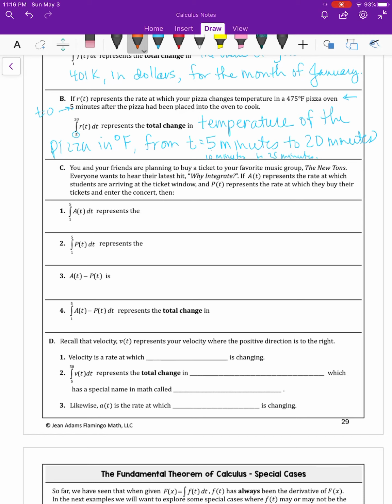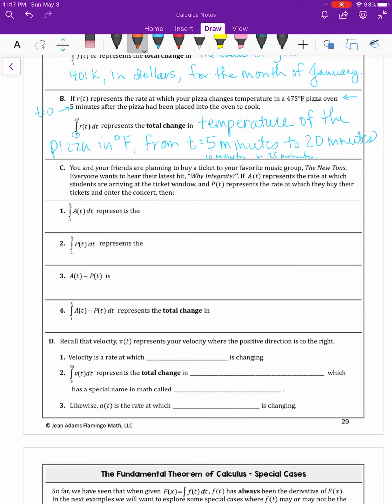You and your friends are planning to buy a ticket to your favorite music group, the Newtons. Everyone wants to hear their latest hit. Why integrate? If A of t represents the rate at which students are arriving at the ticket window, and P of t represents the rate at which they buy their tickets and enter the concert, then the integral from 1 to 5 of A of t dt represents the, now remember, this is the rate at which the students are arriving at the ticket window.